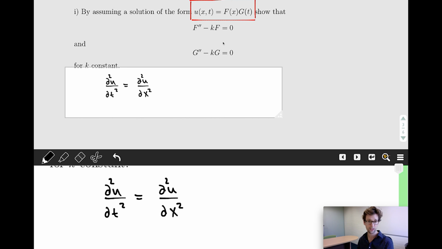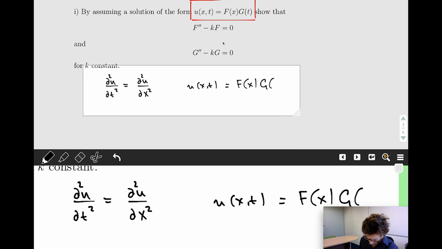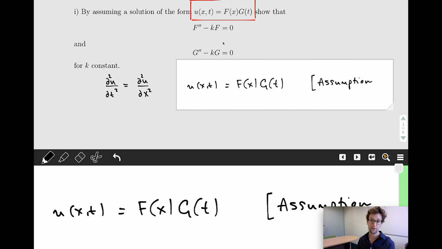So that was for c equal to 1. Here u is a function of x and t, and we're making the assumption that this is actually a function of x multiplied by a function of t. So this is the key assumption upon which the whole rest of the method depends.